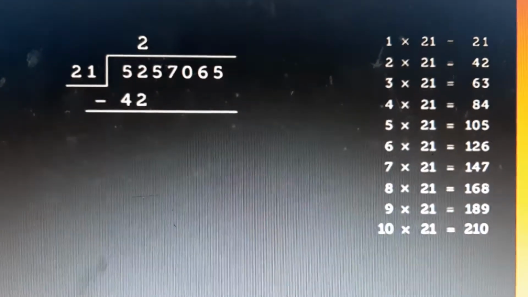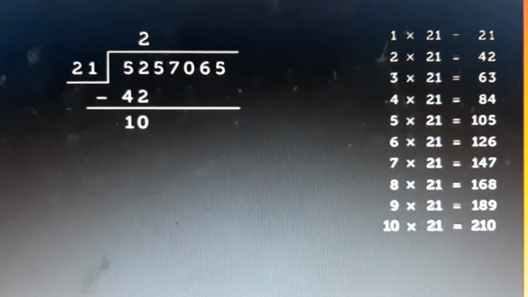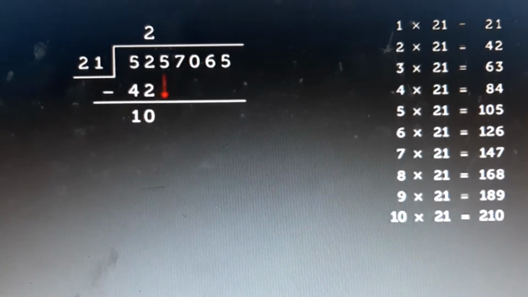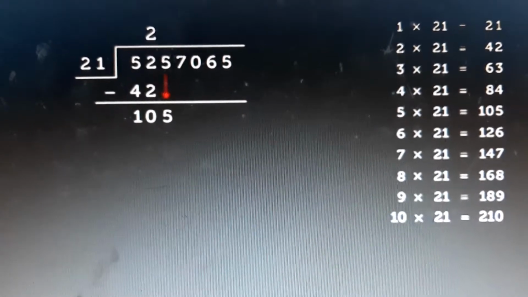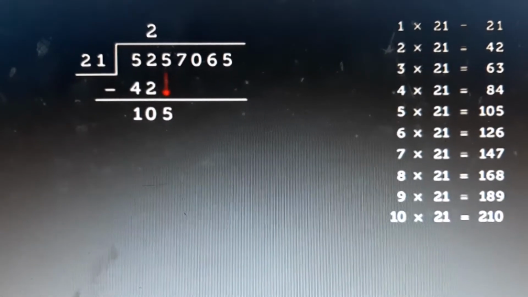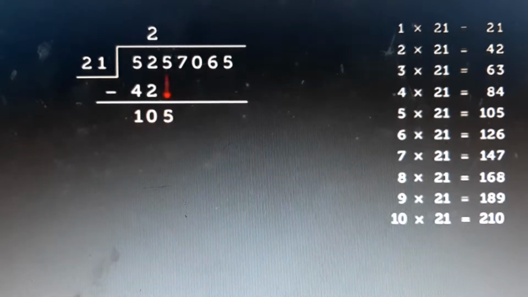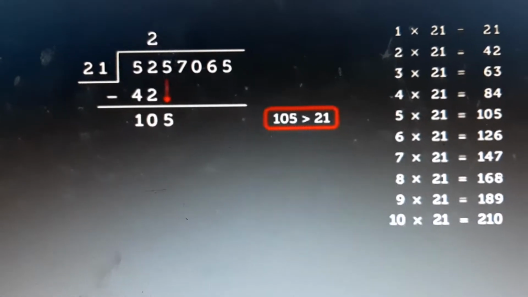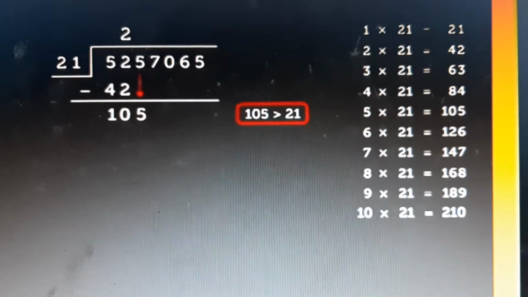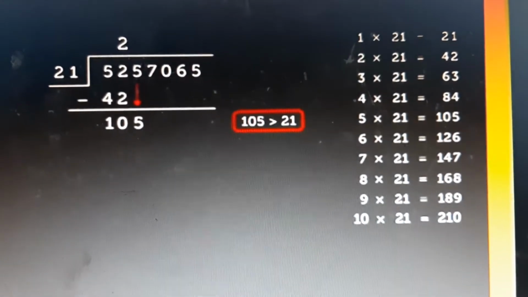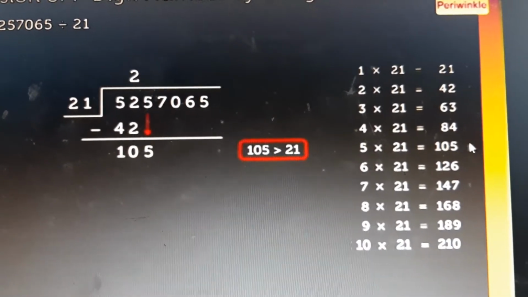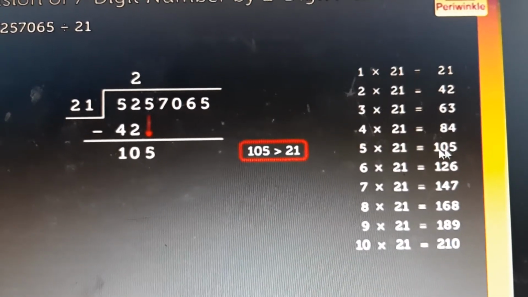Okay, so when we subtract, what do you have? 10. Now take down the next number, that is 5. So this makes it 105. And we know that 21 is smaller and 105 is a larger number. 105 is greater than 21. So select which multiple of 21 you will select. 21 into 5 is 105, isn't it?